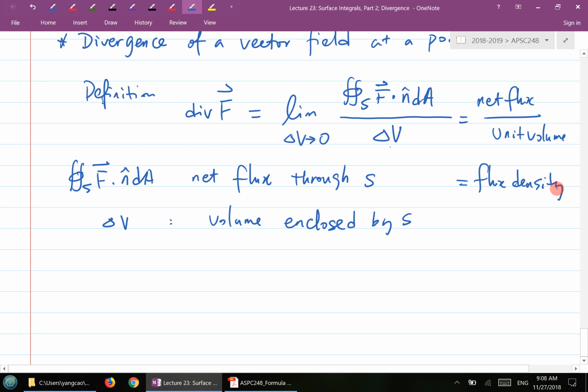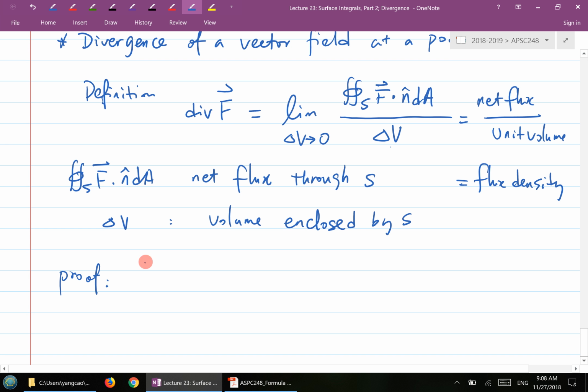Okay, so flux density, and that's denoted by div F here. If we carry out this integral, we can try to prove it. You can take a look at the lecture notes in terms of detailed proof.